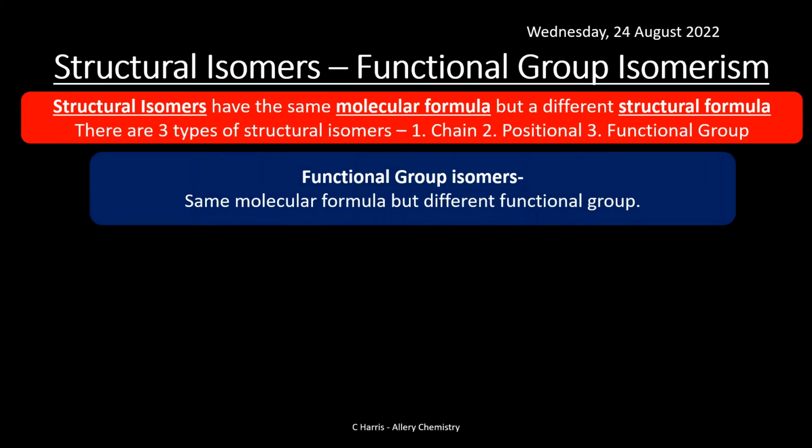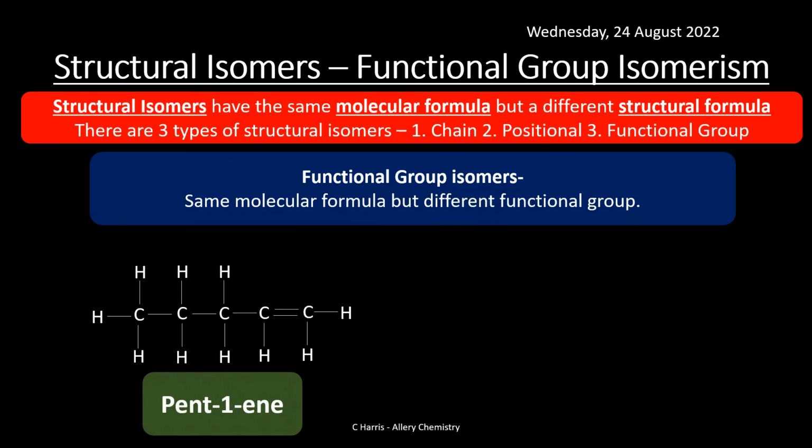Okay, so let's look at the last type of structural isomer, which is a functional group isomer. It's the same molecular formula, but it has a different functional group. So we're actually changing the functional group completely. A classic example, pent-1-ene. So this is an alkene. Okay, so it's got that C double bond as an alkene.